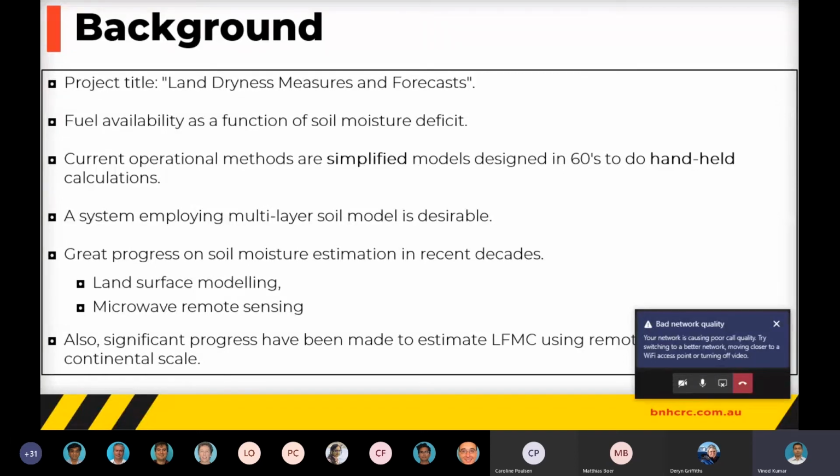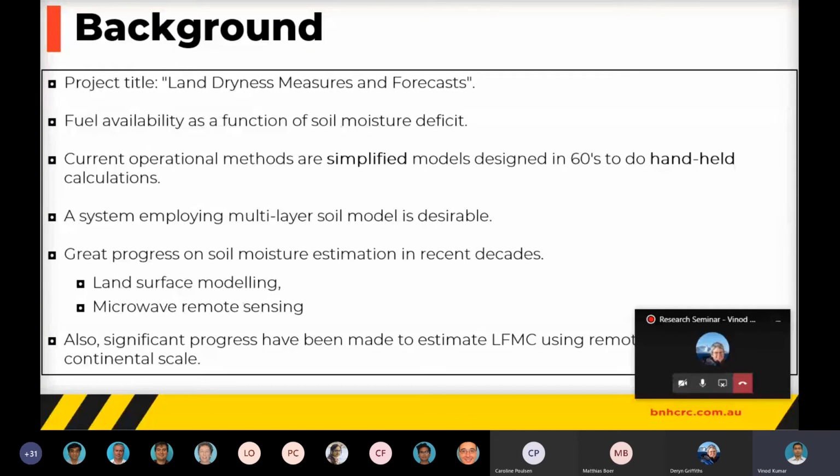The motivation of this project came from the fact that the managers in fire agencies and also people from the extreme weather desk identified limitations with the current operational soil moisture deficit models used in McArthur's Forest Fire Danger Index, and they wanted something a bit more accurate and realistic.